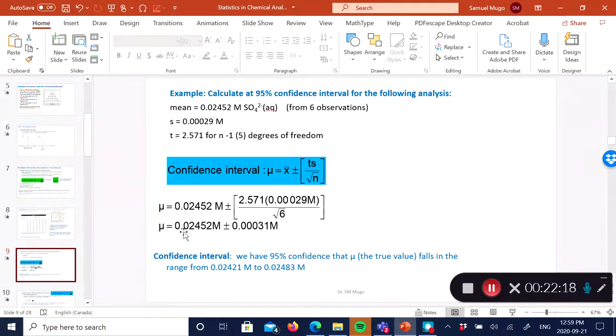And so you can see now my mu, or my true value, essentially I'm saying should lie within this range at 95% confidence level. Okay? And so typically that's how you determine how far your experimental value is from the true value. Where does the true value lie?